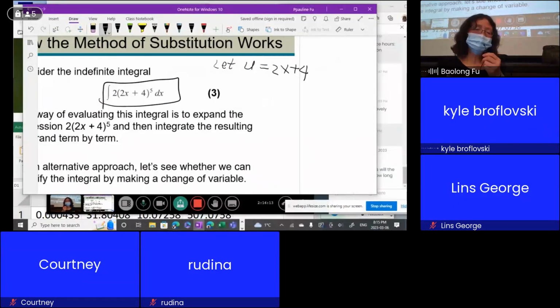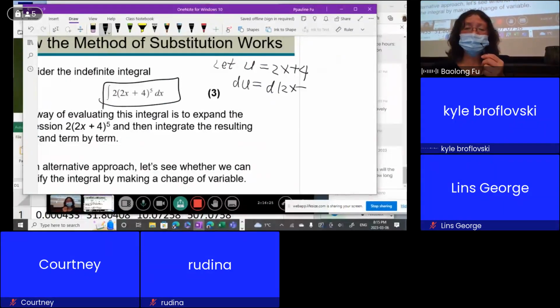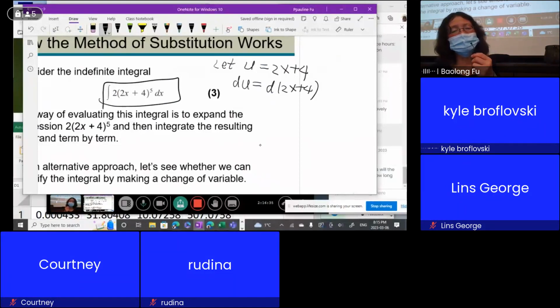If u equal to 2x plus 4, on both sides you take the derivative d. So du equal to d of 2x plus 4. I pause for a moment because this is the first time we see this expression. u equal to 2x plus 4, on both sides you take d.